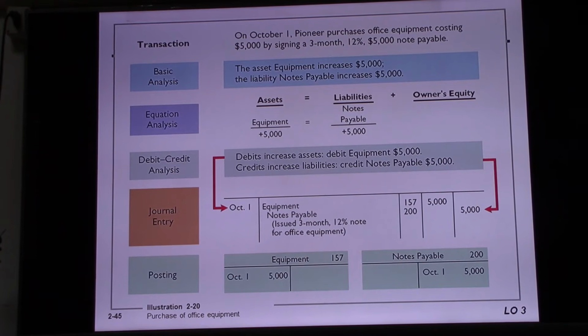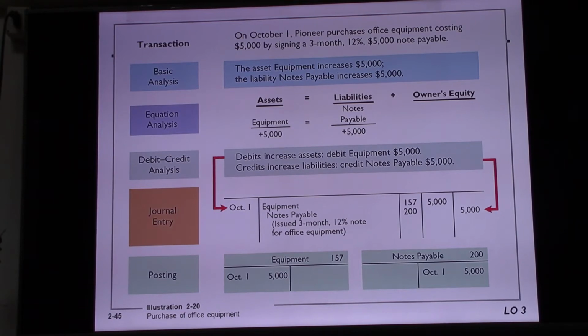You will prepare a T account for equipment and another separate T account for notes payable, and we will transfer these items. Equipment is written on the debit side, so it will be transferred to the general ledger on the debit side by $5,000.